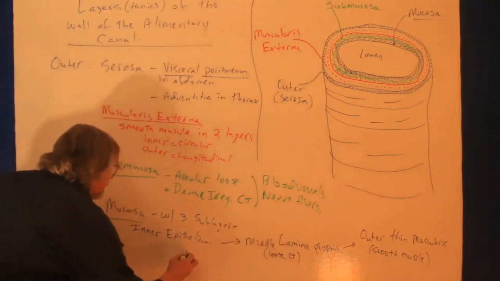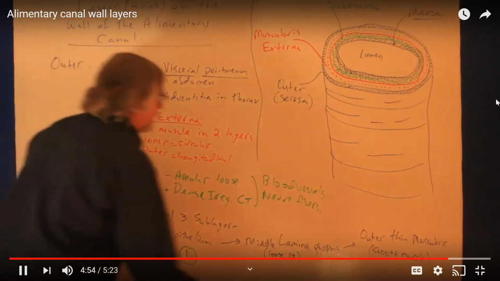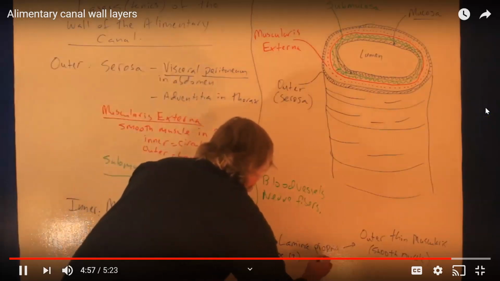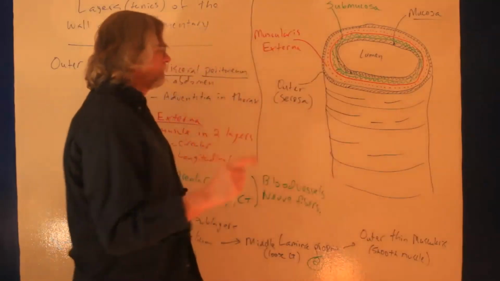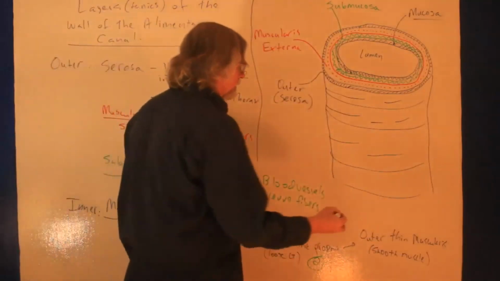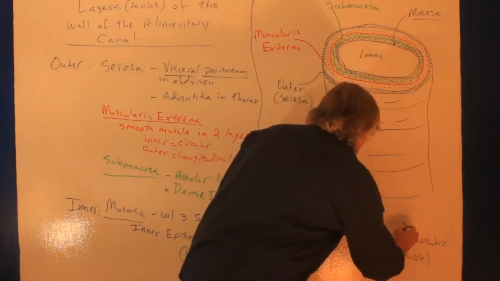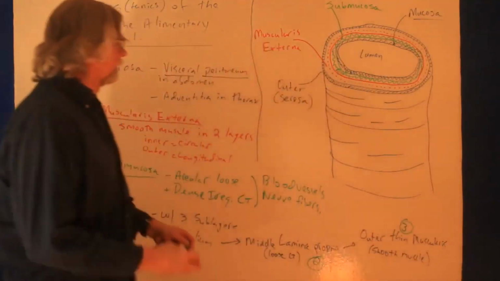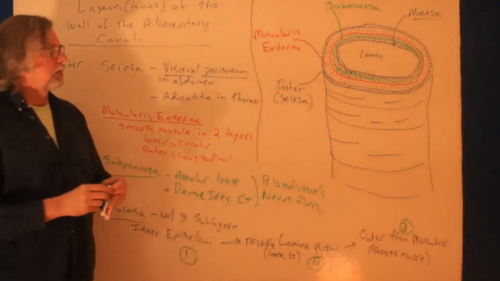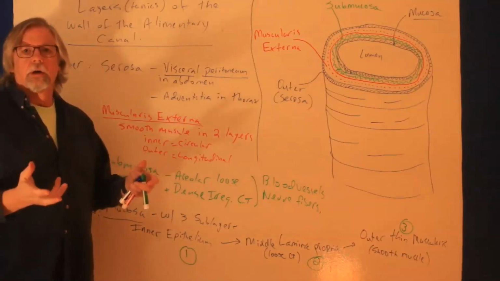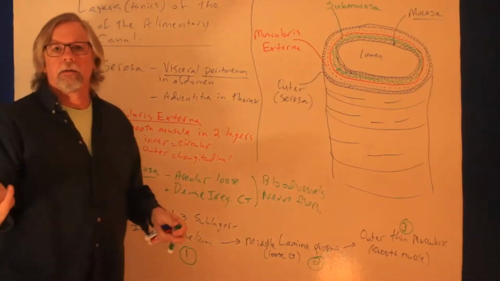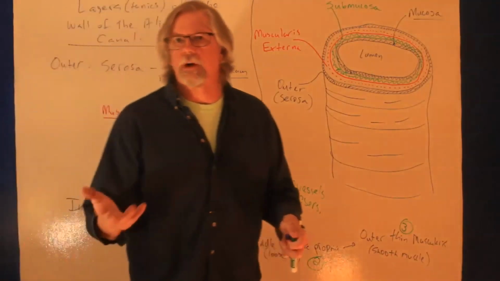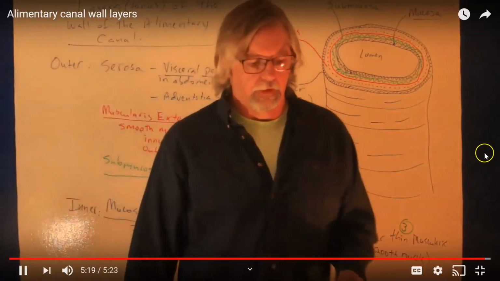So the epithelium is number one, the lamina propria is number two, and the outermost layer is a really thin smooth muscle layer called the muscularis. That's number three. Okay, so as far as composition, those are the four main layers and the main sublayers you'll find.